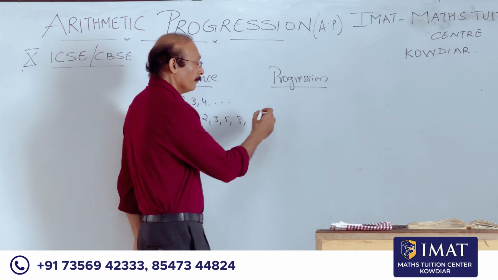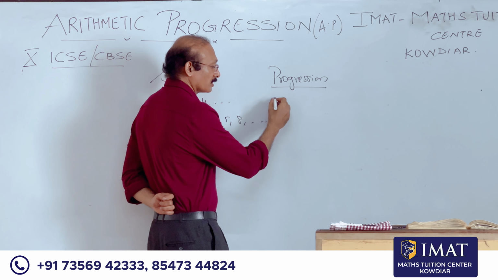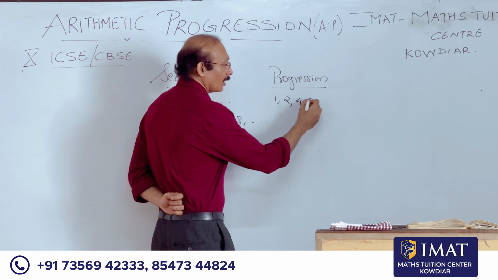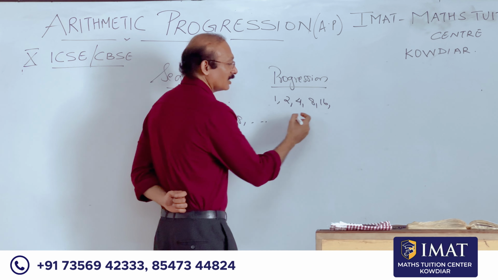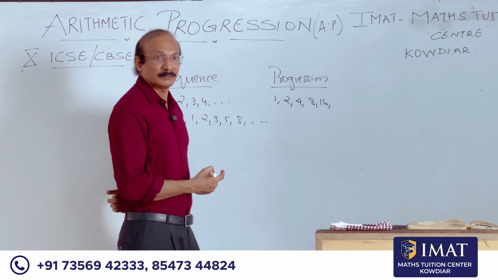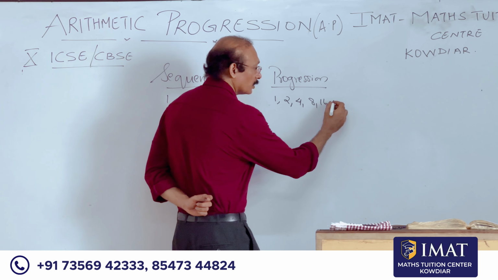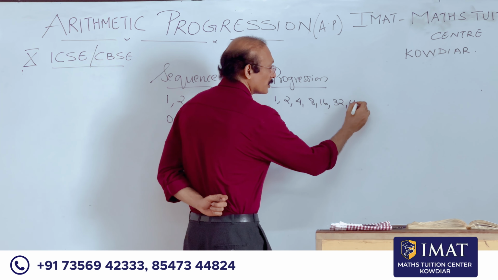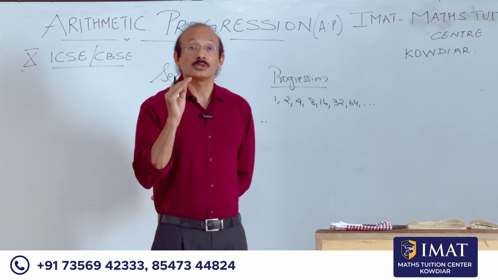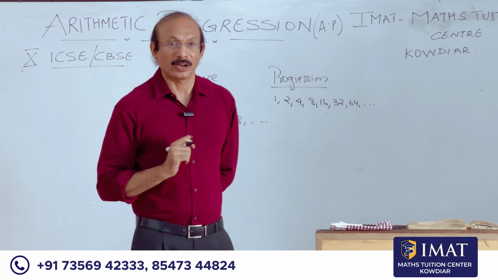Say for example, if I say a sequence like this: 1, 2, 4, 8, 16. I think now you have got the idea what can be the next number. The next number will be 32. The next number will be 64 and so on. So this sequence follows an order. So you can call this sequence a progression.